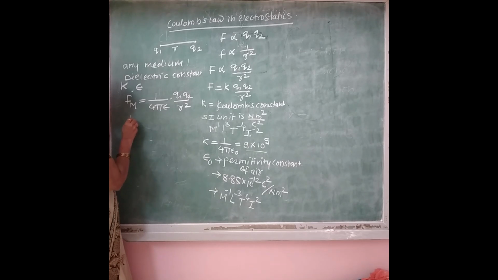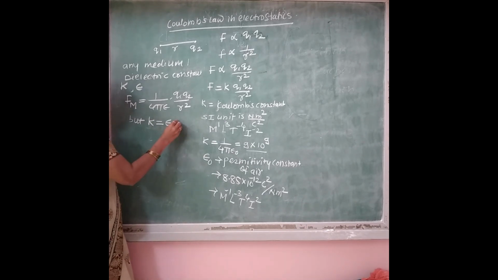But K, that is the dielectric constant or relative permittivity, is the ratio of permittivity of any medium to permittivity of air or vacuum.